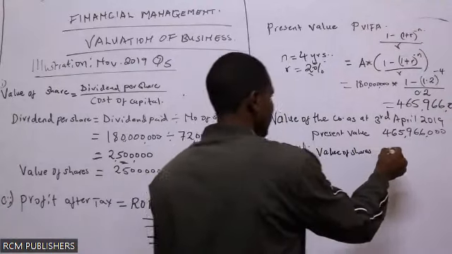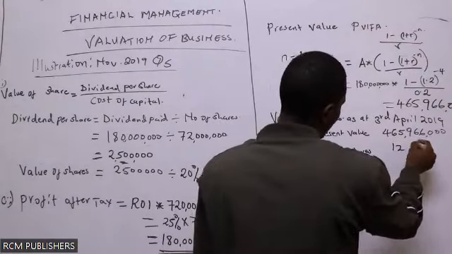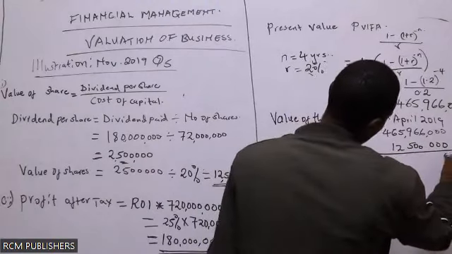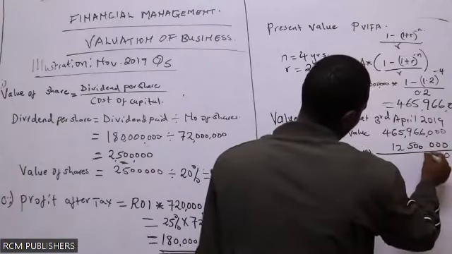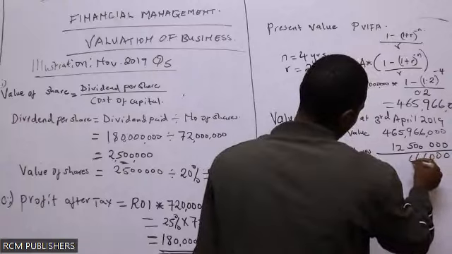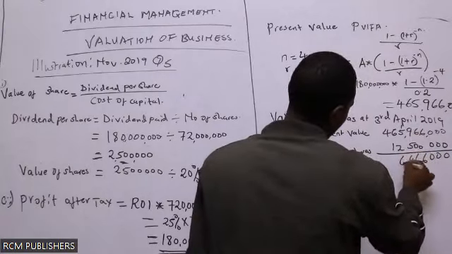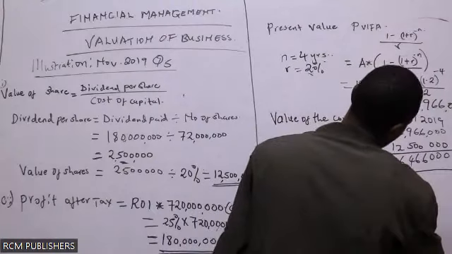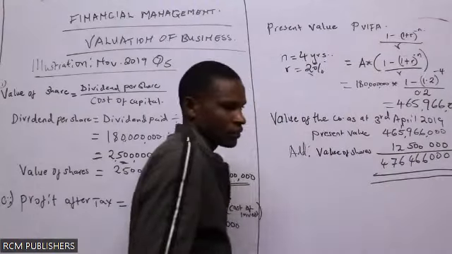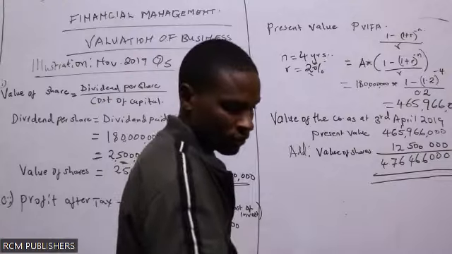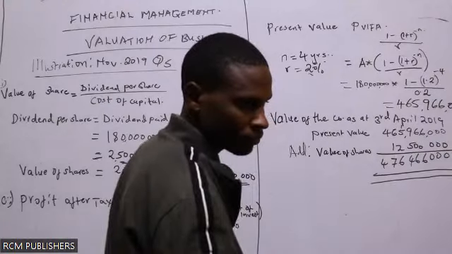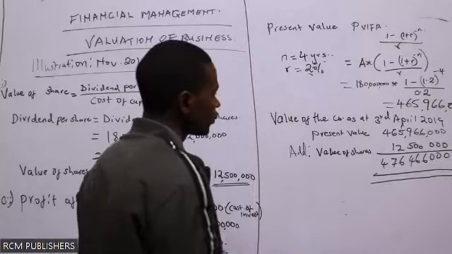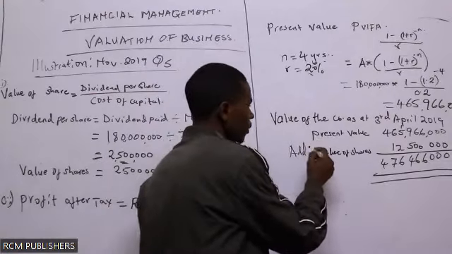So quarter 500,000. So now the total 476,000, 476,400. So the value of shares of this company itakuwa here.